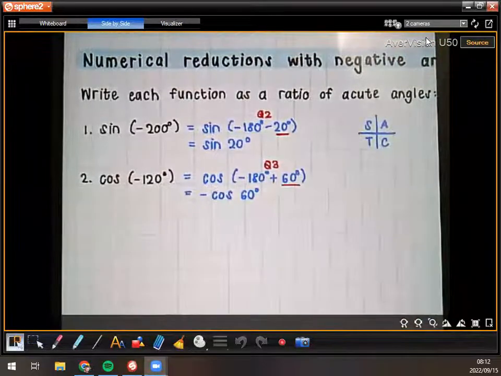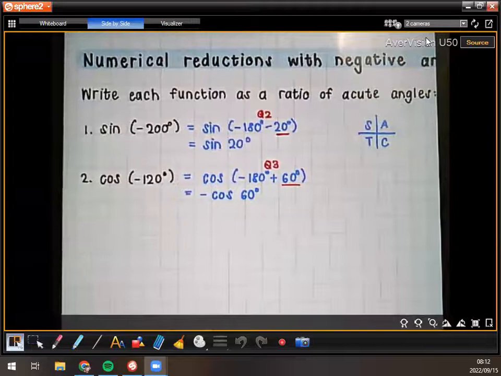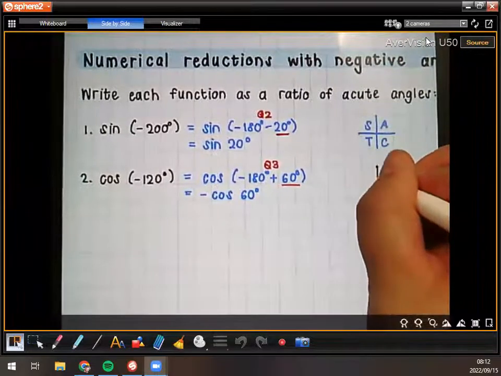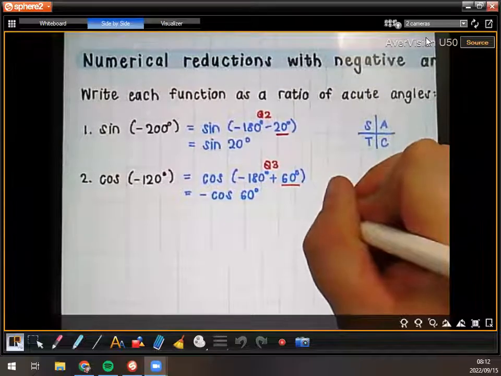Guys, 60 degrees is a special angle, right? So let's draw our special triangle again. I know we drew both of them yesterday, but let's just keep doing it so that we remember them easily.